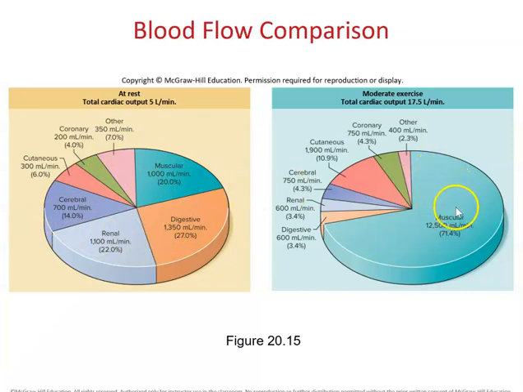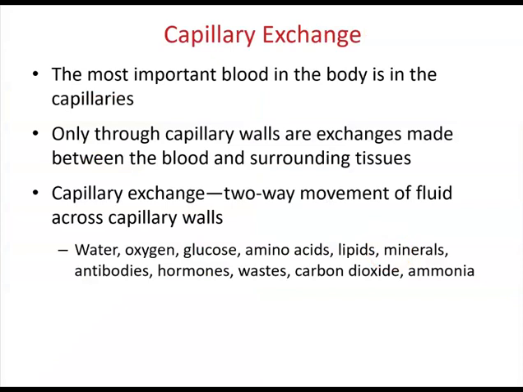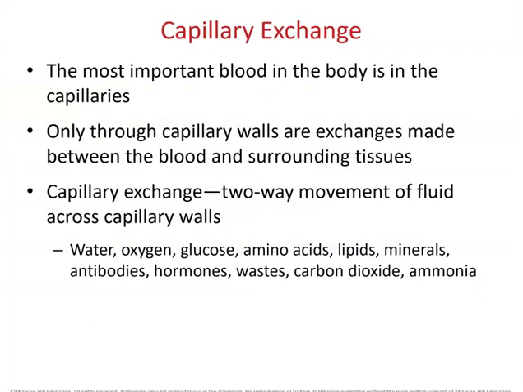However, while people are doing moderate exercise, a large amount of blood flow will be required to be delivered to the muscular tissues. Capillary exchange during the blood flow is the most important step to deliver oxygen, water, and nutrients.